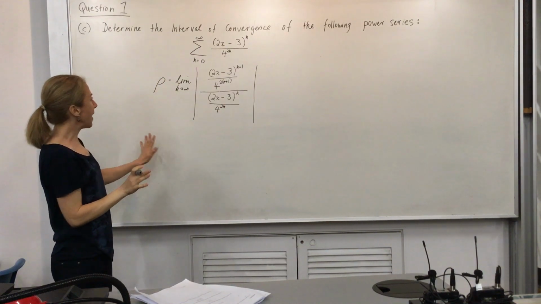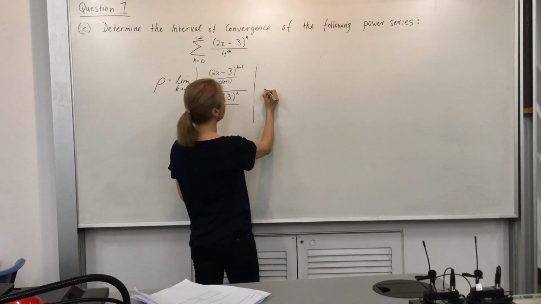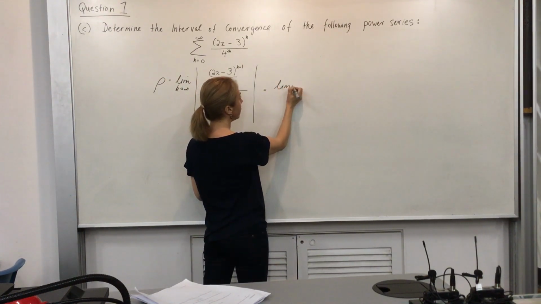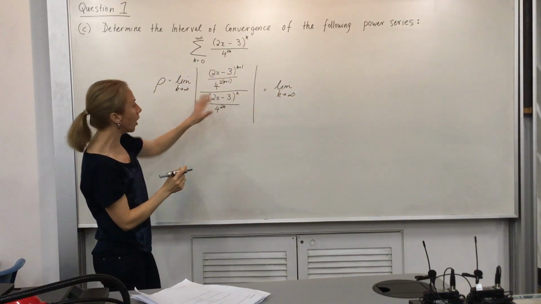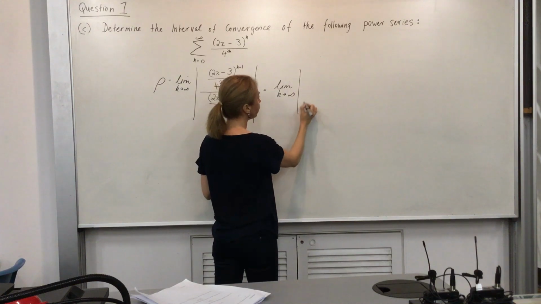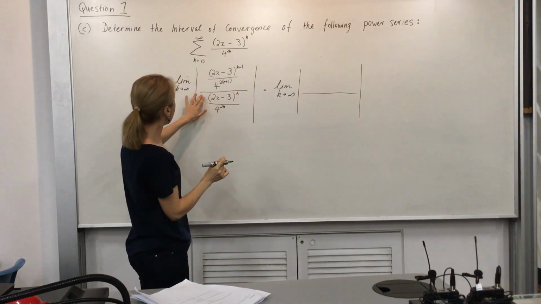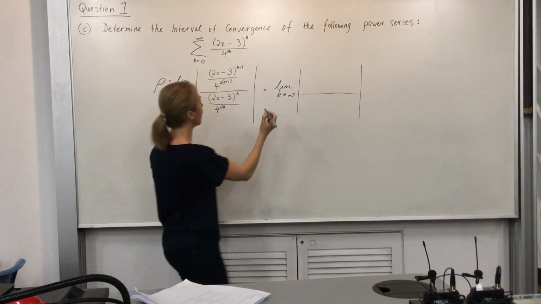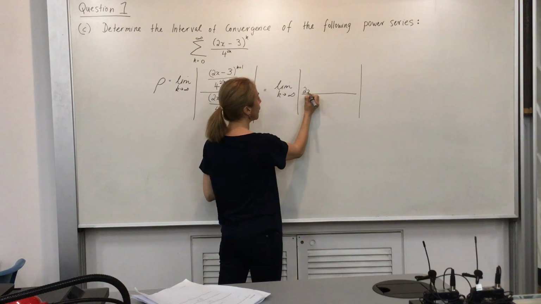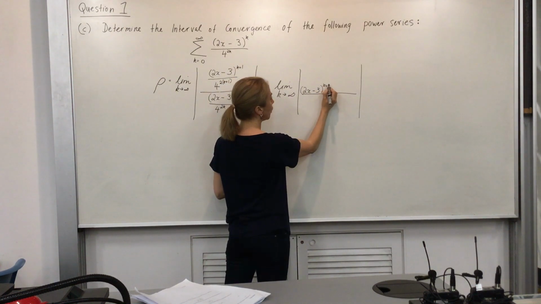So now it's simply a matter of simplifying this expression. Let me move over here to the right. So the limit as k tends to infinity. Let me put this all on a single denominator. So let me deal with the 2x minus 3 term first. On the numerator, we have 2x minus 3 to the k plus 1.